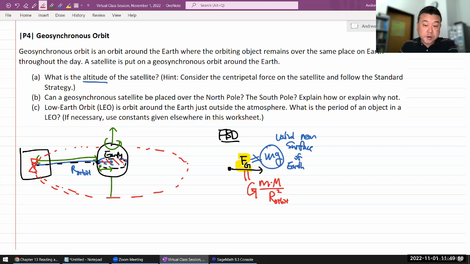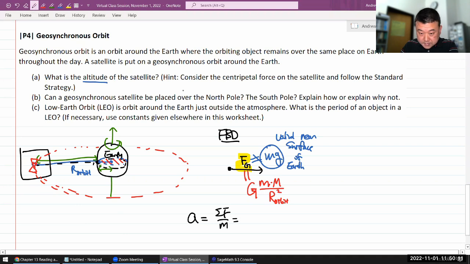So this is our expression for force, and in using the standard strategy, I'm skipping some of the steps because it's a simple setup with one force. Where we should end up is writing out this expression: the acceleration is equal to net force divided by mass.